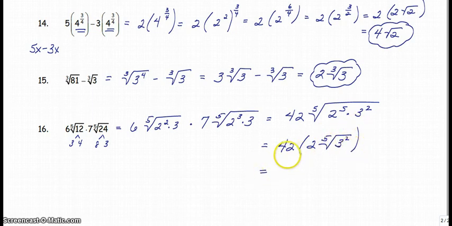And then multiplying outsides with outsides, 42 times 2, 84, times the 5th root, and then 3 squared is 9. So 84 5th root 9 would be my answer.